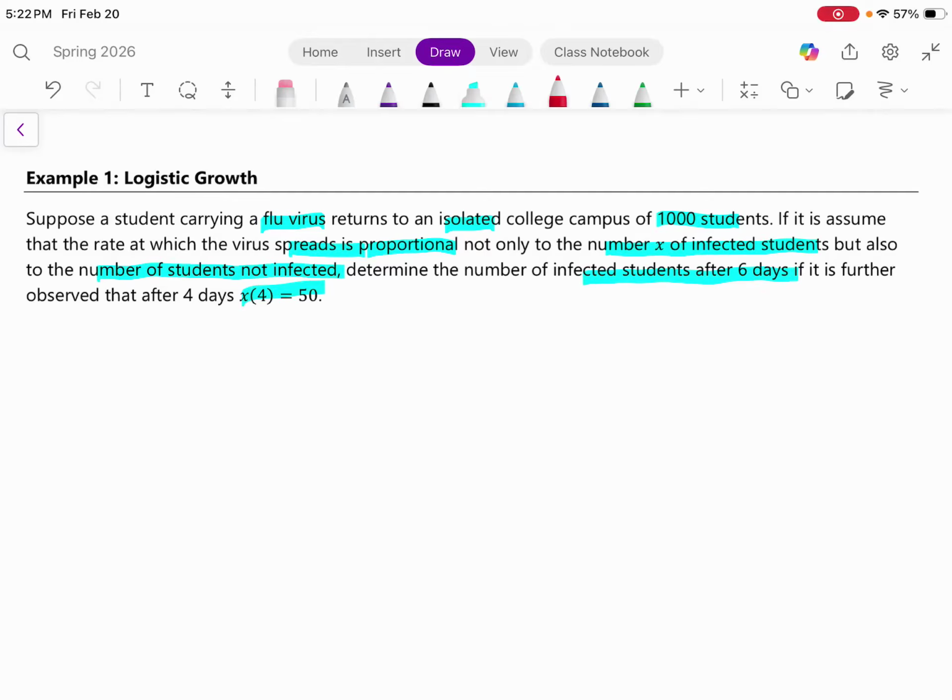So the real question here is that after 6 days, how many students are infected out of this 1,000?